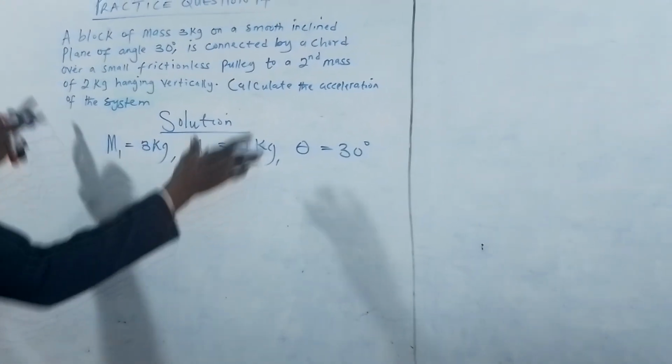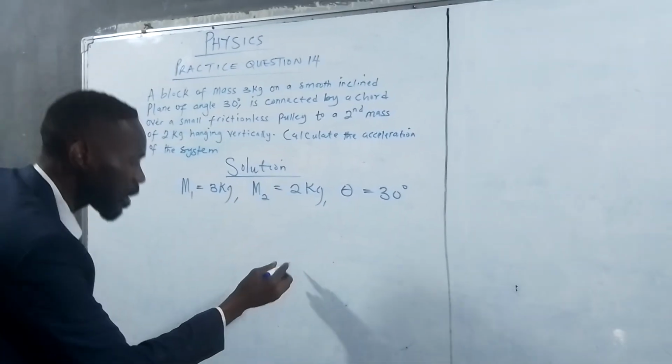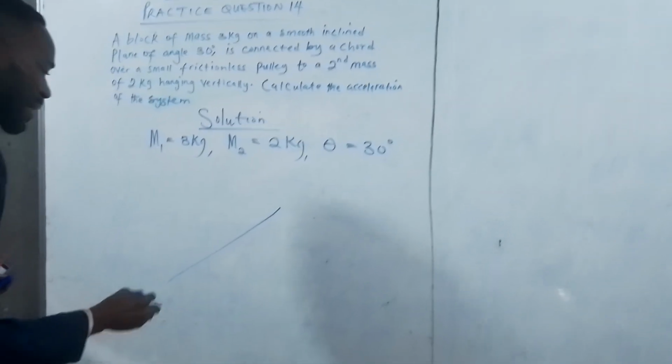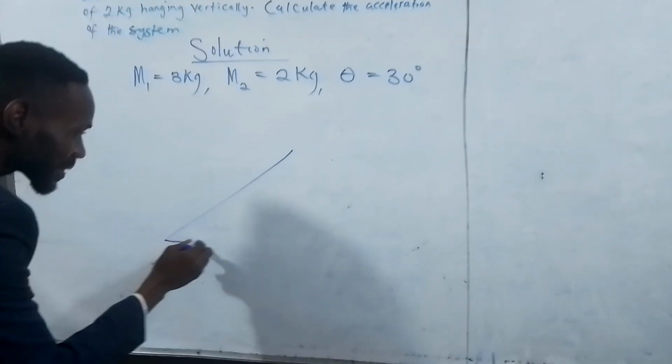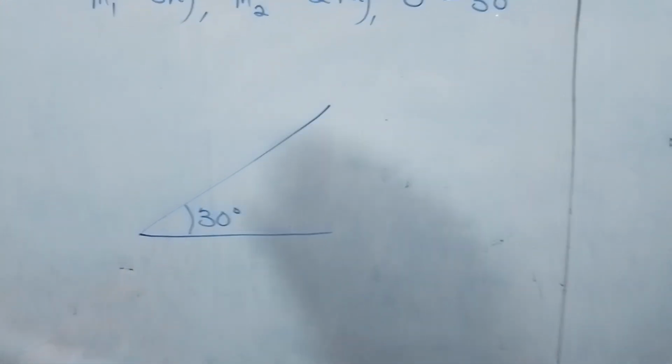Next, we take a look at a diagram to illustrate the question. We have an inclined plane with an angle of inclination of 30 degrees.